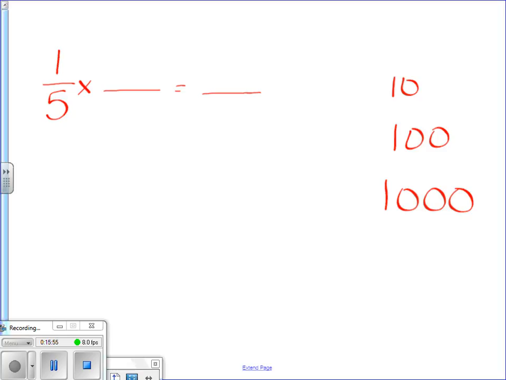So I'm going to put it over here. 5 times what gets me to 10? 2. What I put on the bottom, I put on the top. 1 times 2 is 2. So I need to write this as a decimal. How many decimal places? 1. Moving 1 time: 2 tenths.